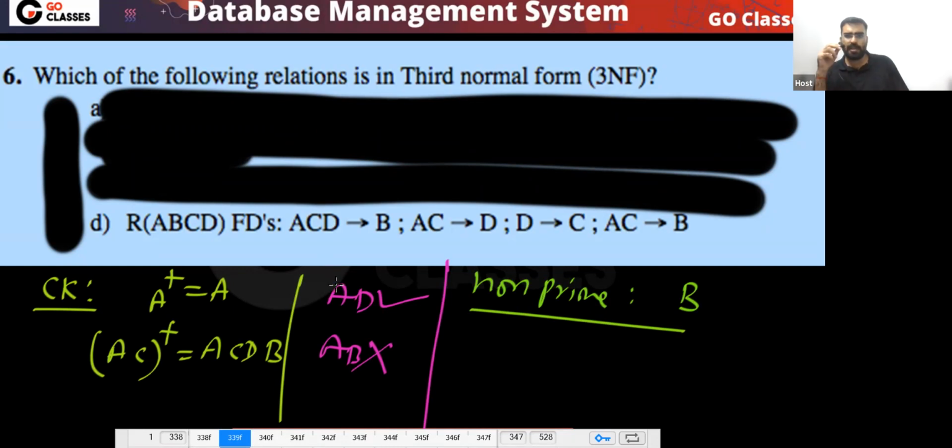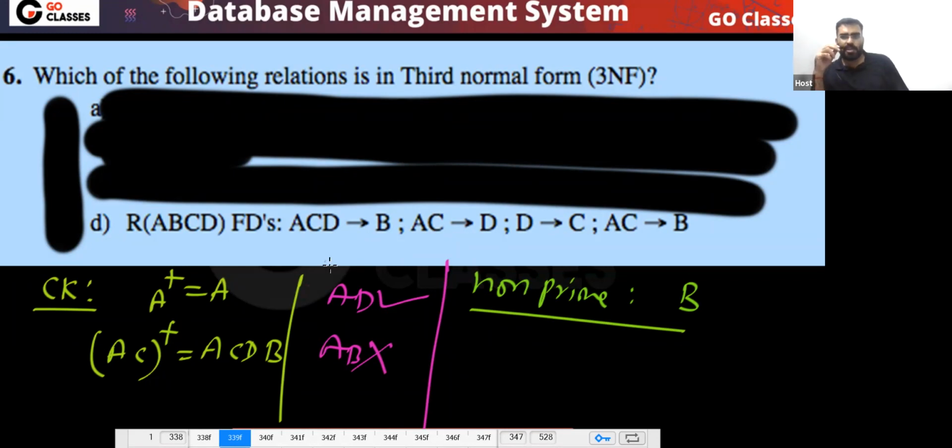Can a non-super key determine B? So you can notice this is a super key. Can a non-super key determine B? This is what we are checking.